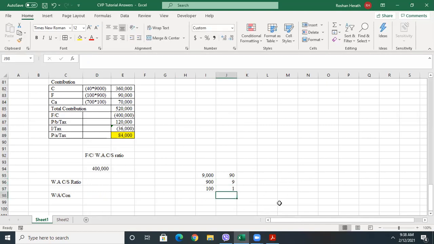Let's make it small. Otherwise, it would be difficult for us to take it, right? Now, I think it's fine. Even if you wish, you can make it further small. Not 100, 1,000. If you divide everything by 1,000, that is going to be the ratio, the sales mix.